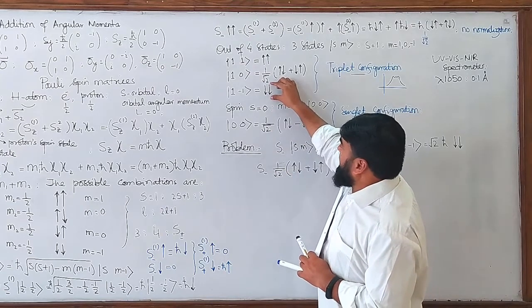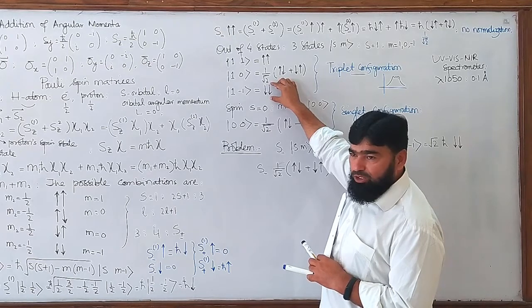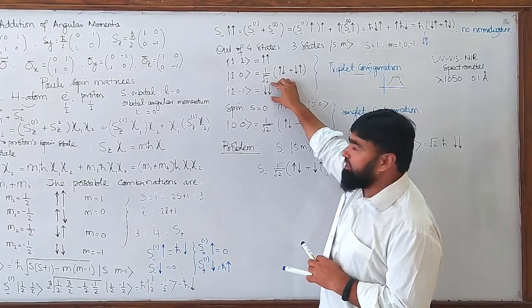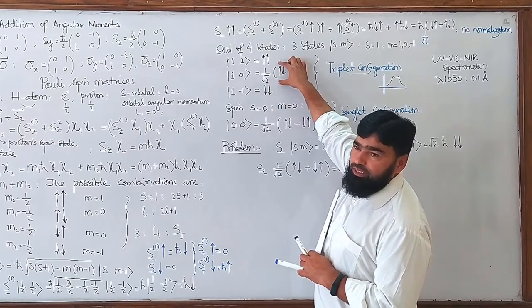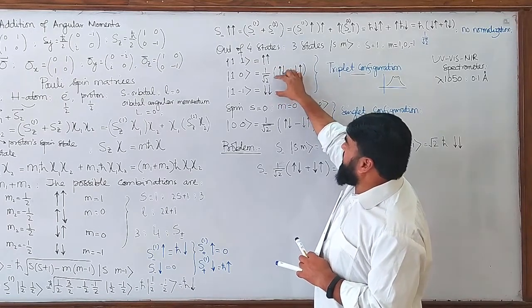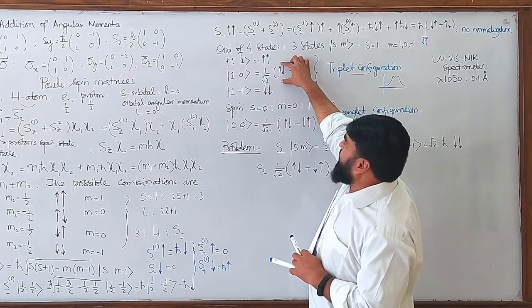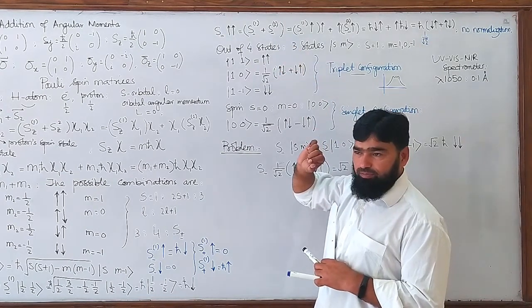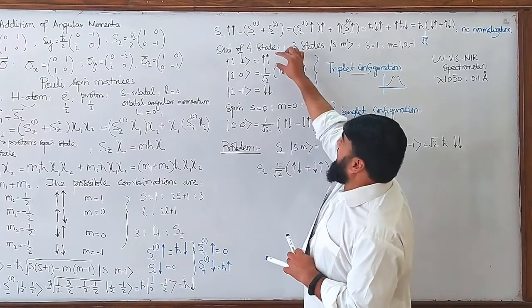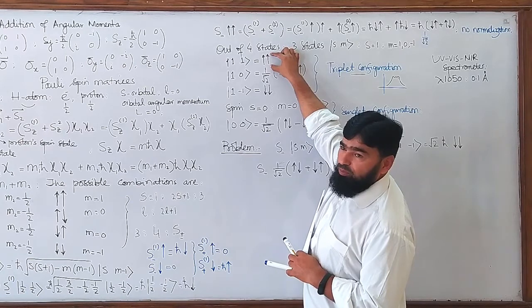If you apply S plus on this state, what will you get? You will get this state. This is the raising operator. Raising operator on this one, you will get this state. You apply S plus on this one, you will get this state. Clear? You apply S plus on this, you will get 0.